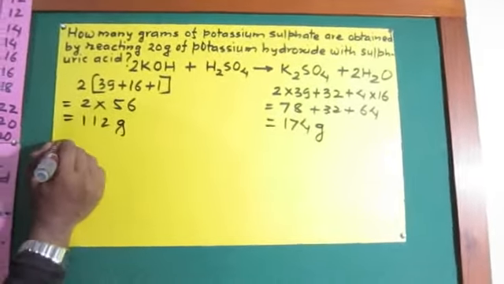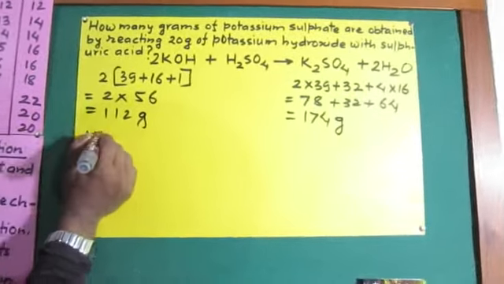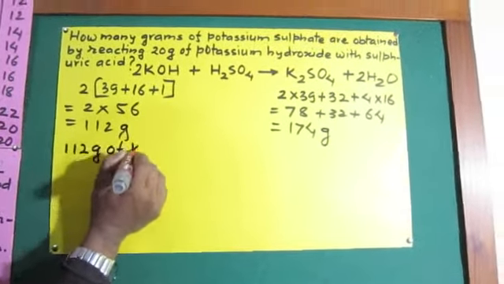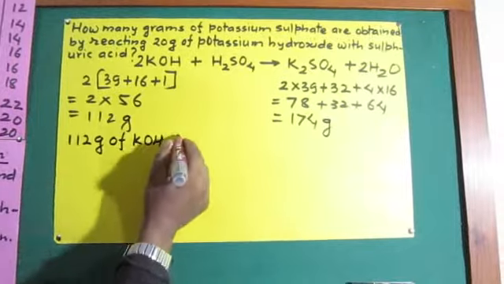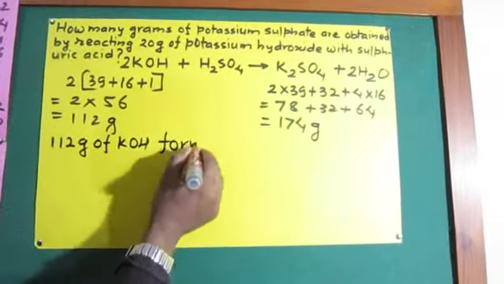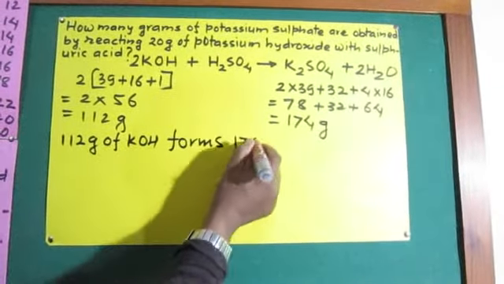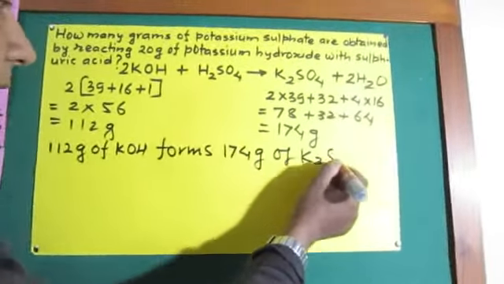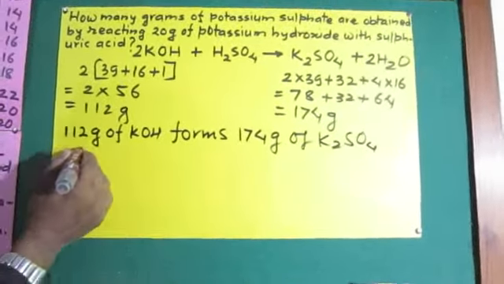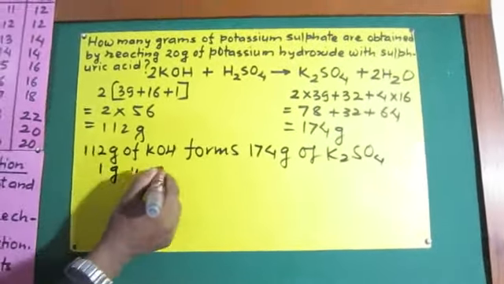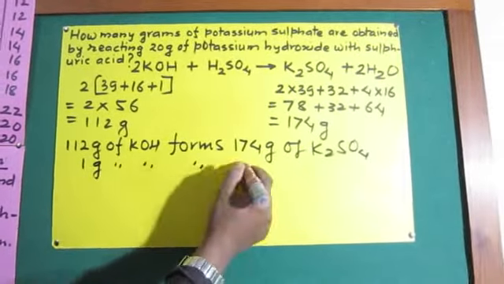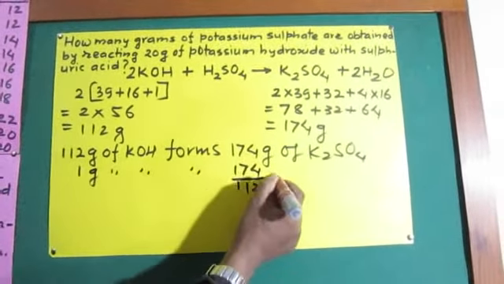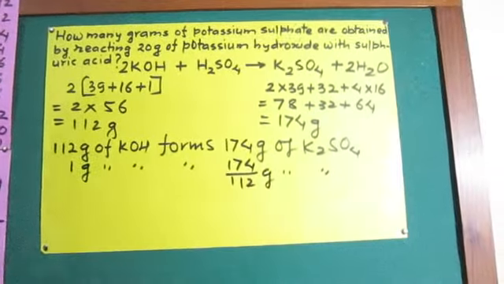That's why we can write 112 gram of KOH forms 174 gram of K2SO4. Then 1 gram of KOH forms 174 divided by 112 gram of K2SO4.